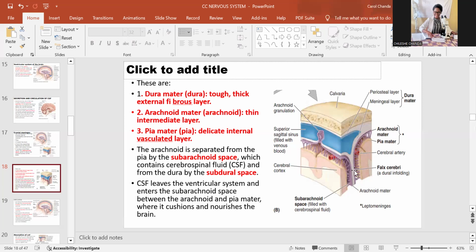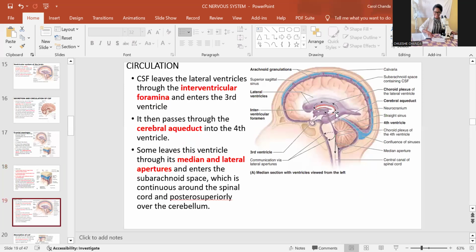This is where cerebrospinal fluid does what? Flows. Cerebrospinal fluid leaves the ventricular system and enters the subarachnoid space between the arachnoid and pia mater, where it cushions and nourishes the brain. All right. So if you notice, this cerebrospinal fluid is leaving.